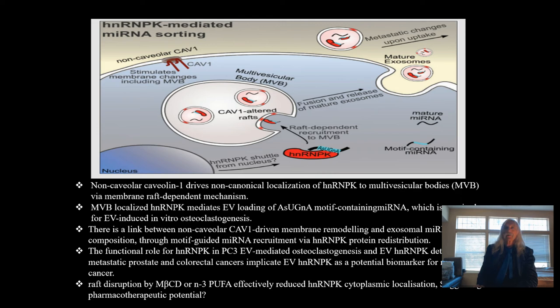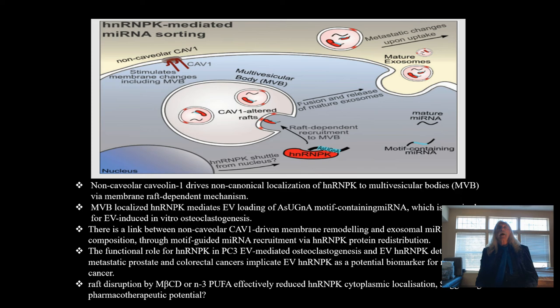Not sure how it's shuttled, okay, but it's shuttled from the nucleus because normally it's in the nucleus binding to RNA. Here it's out here binding this microRNA. Maybe it transports the microRNA. Okay? At any rate, takes it to these bodies, these multivesicular bodies, which are CAV1 altered because they don't have cavin interaction, right? Missing in this cancer cell line.